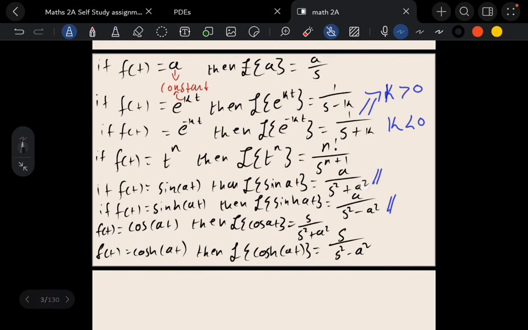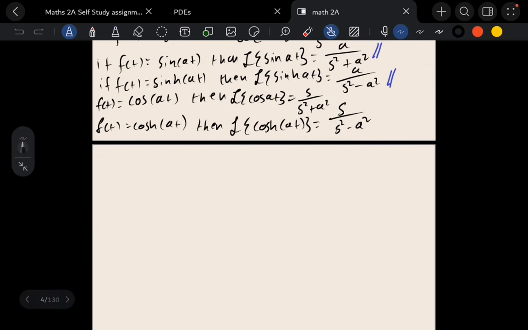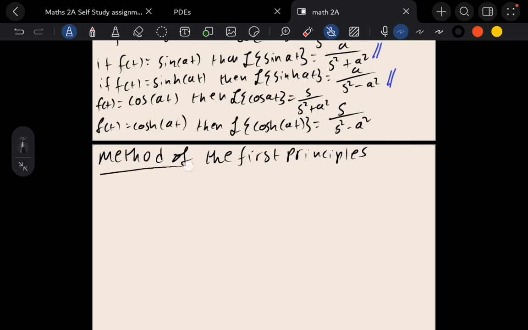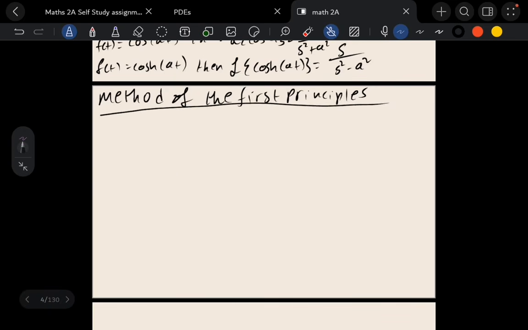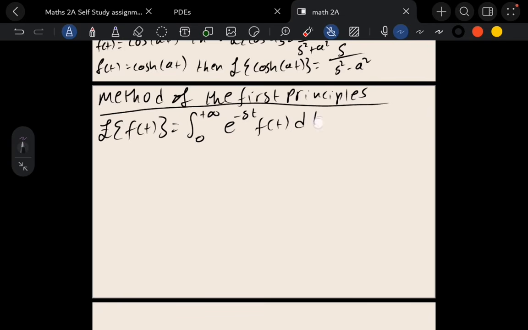But first, let us start. Now, we call this the method of the first principles. So here we're using the definition that states that the Laplace transform of f of t is equal to an integral from 0 to positive infinity of e to the negative st times f of t dt.